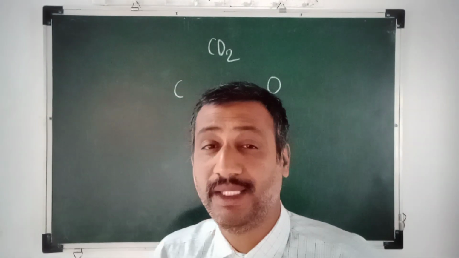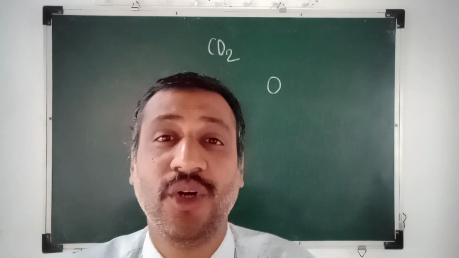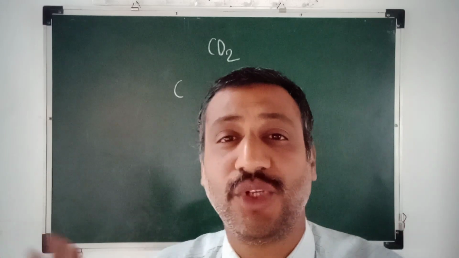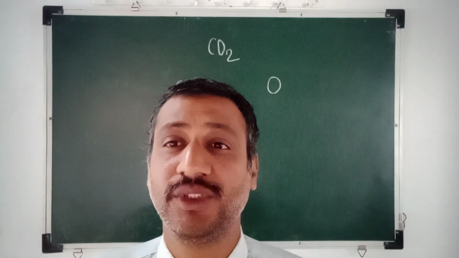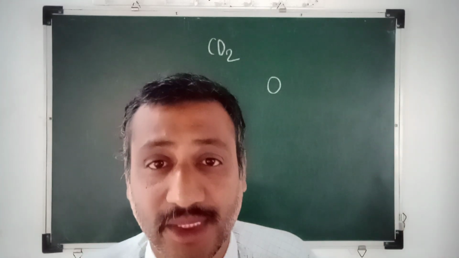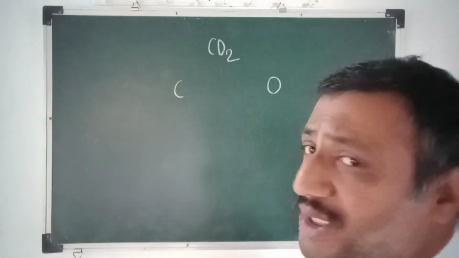Either the carbon dioxide is produced by the respiration of living beings, or by the combustion of fuels, or combustion of fuels in industries, or combustion of fuels in vehicles. Wherever it is produced, or it may be a part of greenhouse gases, carbon dioxide always consists of carbon and oxygen, and the mass ratio of carbon to oxygen is fixed.